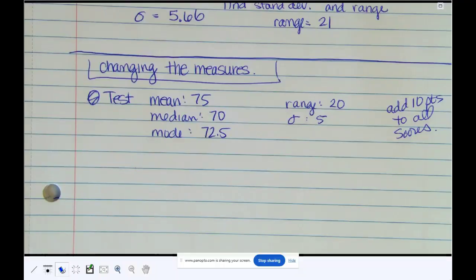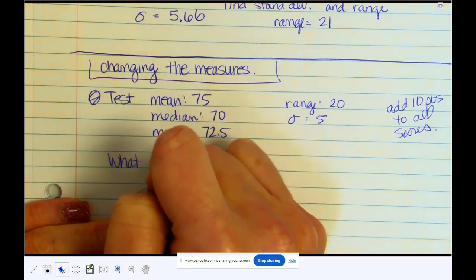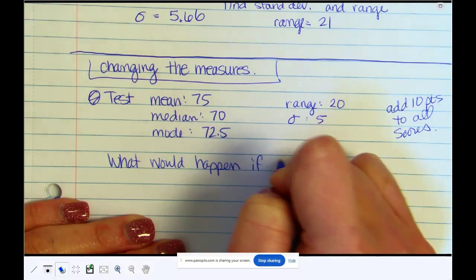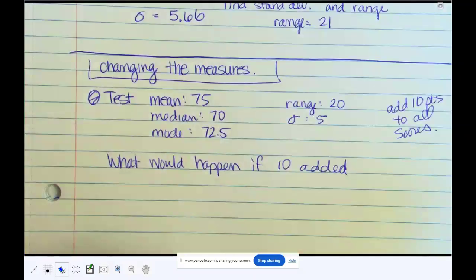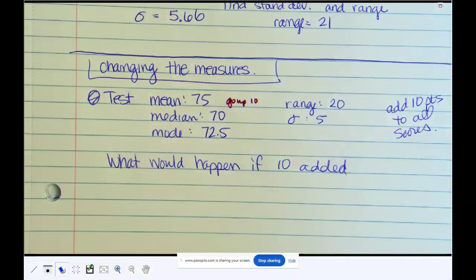Okay, so the question that we're talking about is what would happen if we added 10? I'm going to put them right up here. The mean would go up 10. It would be 85. What would happen to the median? It would be 80.